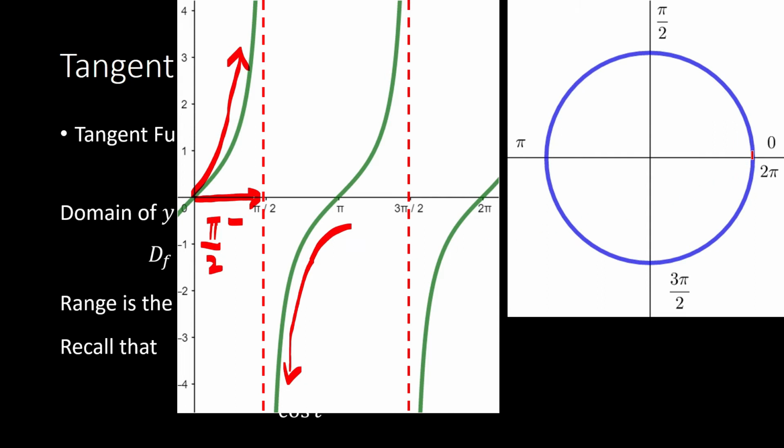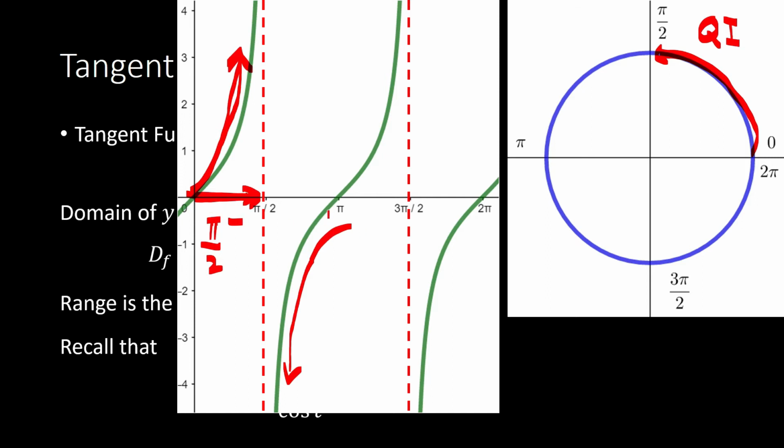When t is approaching pi over 2 from the left, that means you are here in the first quadrant. And in the first quadrant, sine is positive, cosine is positive, and so when you compute sine over cosine, it's positive. And so that's the reason why our tangent function goes to infinity in this part of your graph.